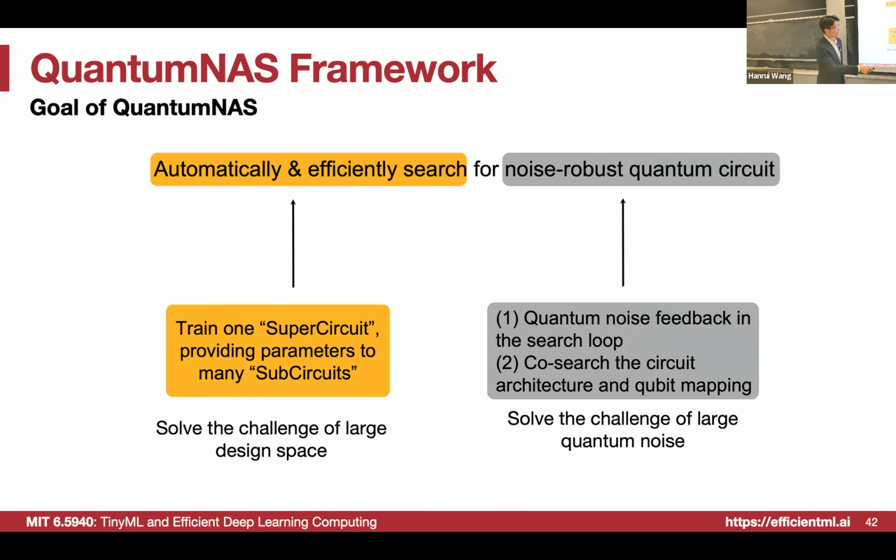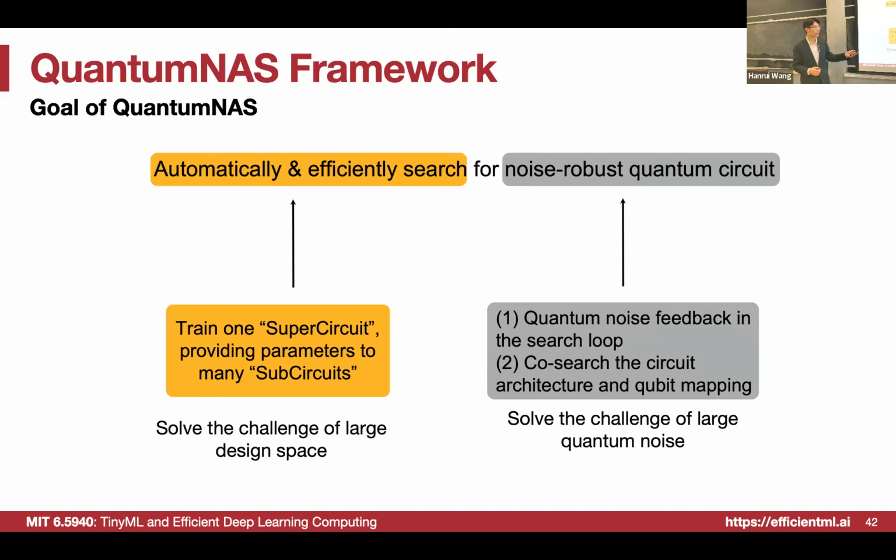Another thing is that we do some co-design across the stack. After we have the circuit structure, if we use a different compilation process, like assigning different physical qubits, that will also lead to different performance. In classical computing, you don't have to worry about this: you design a model, and you can use an H100, an A100, or just your laptop, and you expect the result to be the same.